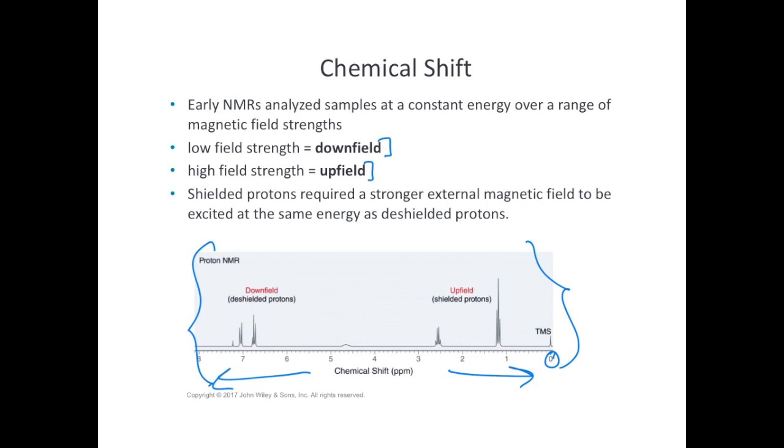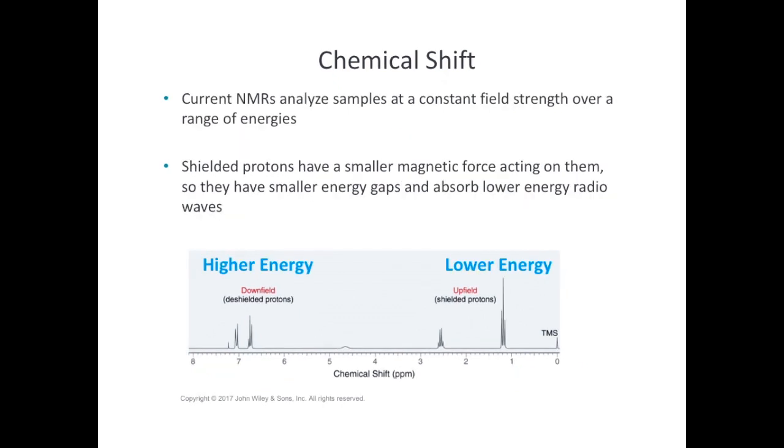So shielded protons required a stronger external magnetic field to be excited at the same energy as deshielded protons. Shielded protons have a smaller magnetic force acting on them because the electrons surrounding those protons have, in the presence of the external magnetic field, their own induced magnetic field, which is opposing the external magnetic field, shielding that proton from experiencing the full extent of that external magnetic field.